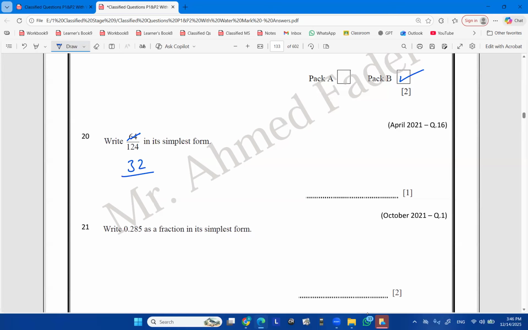Dividing by 2 down there is going to give me 62. But, mister, can I simplify more? Definitely we can. Divide again by 2, divide again by 2. So it's going to give you 16 over 31. So it is 16 over 31. Someone might have noticed from the beginning that we could have divided by 4.